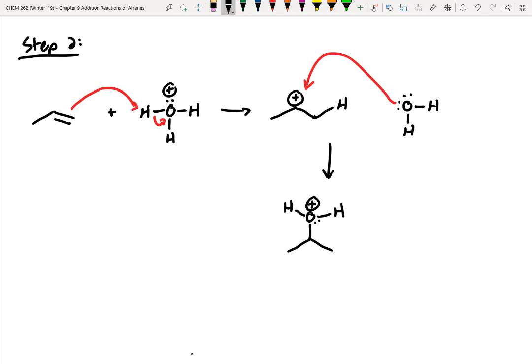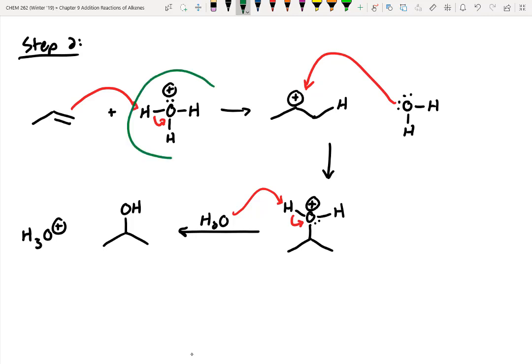So if we have water floating around, what do you think the last step is going to be? Deprotonation. So this water can come, steal the proton, we create an alcohol, and we have our hydronium ion. The cool thing with this reaction is, if you notice, we needed hydronium for this first step, and we created hydronium in the last step.